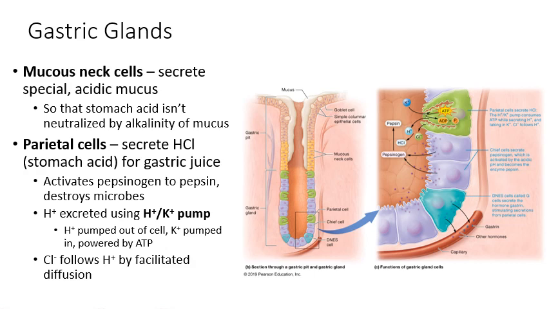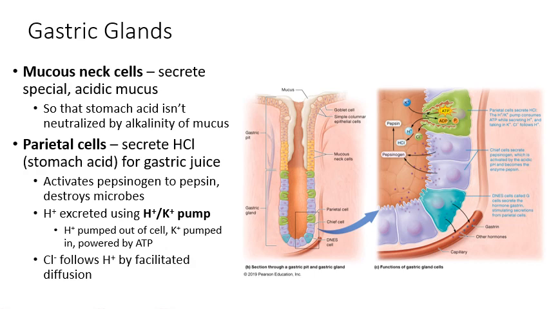In order to release the hydrochloric acid, the parietal cells do a couple of different things. They actually secrete the hydrogen ions separate from the chloride ions, and then those combine to form HCl, or hydrochloric acid. So the hydrogen ions are excreted using the hydrogen potassium pump, which just pumps out one hydrogen ion, pumps in one potassium ion, and uses an ATP to do that.